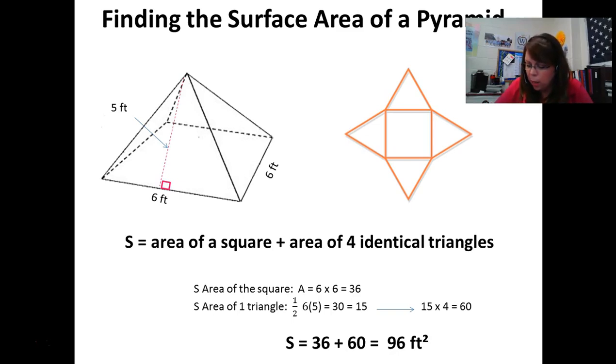So let me write it down here. The formula is, and you should write it down too, half the height times base 1 plus base 2. So I'll say that again and hold it up for you. The formula is half the height times base 1 plus base 2.